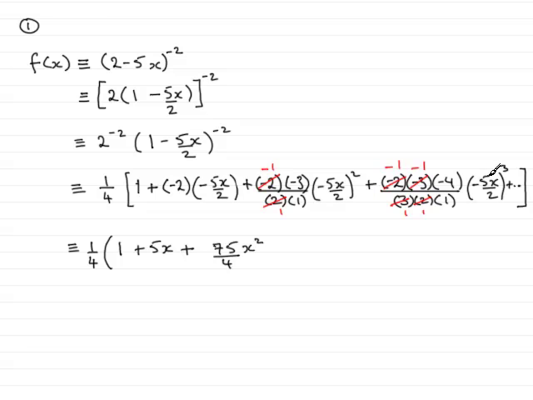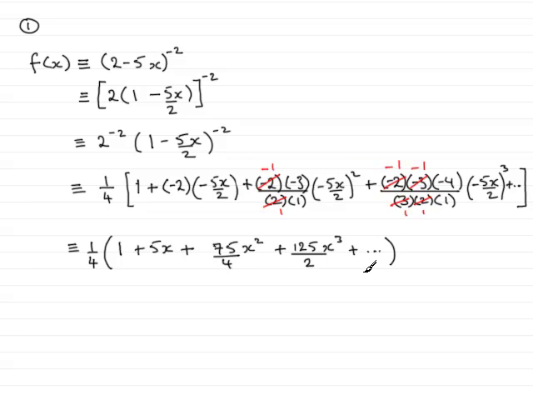On the bottom here we're going to have 2 cubed, which is 8, and the 4 will cancel into the 8 twice, so that's going to be plus 125 x cubed over 2. Alright, and that's plus, and so on.